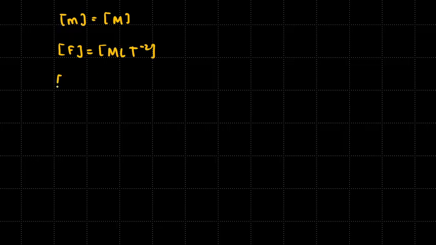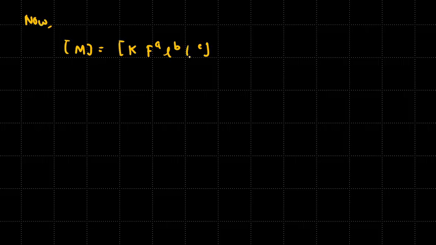We know that the dimension of mass is M in the MKS or SI system. The dimension of force is MLT^-2. The dimension of length is L and the dimension of T is T. Now, since the relation is physically valid, the dimension of the left hand side must be equal to the dimension of the right hand side.